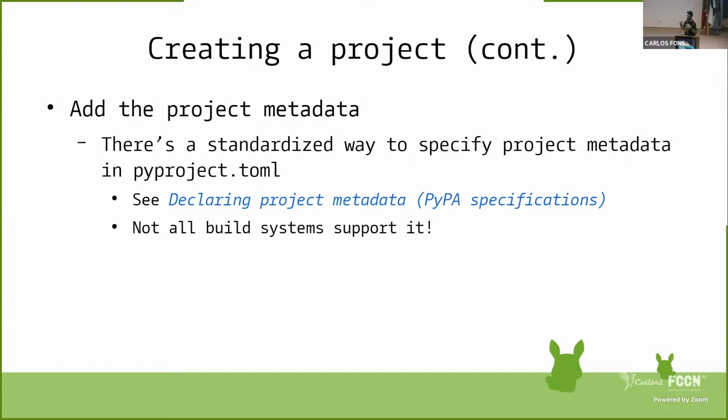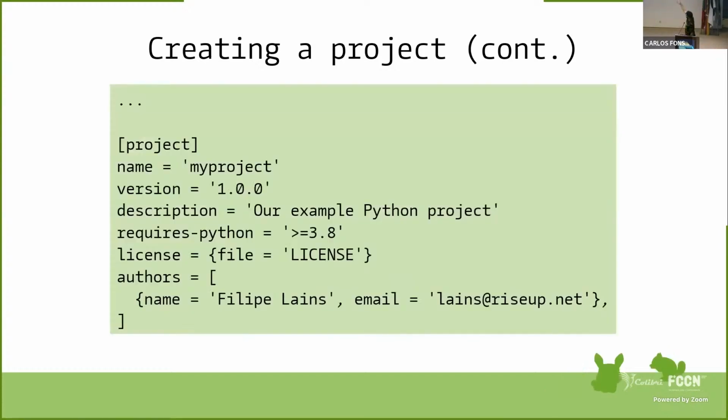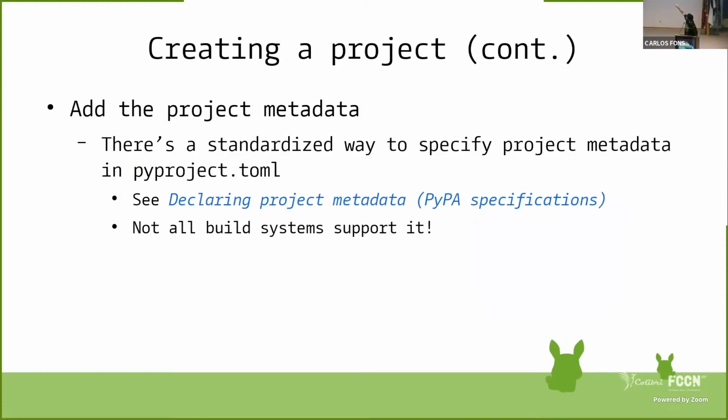But most, I think actually all, of the build backends that I've mentioned before support this. It will look something like this. You have a project table with name, version, description, and requires-python, where you can specify the minimum Python version. Then license, and there are other fields that you can add that I have not listed here. You can find them on the Declaring project metadata page in the PyPA specifications.